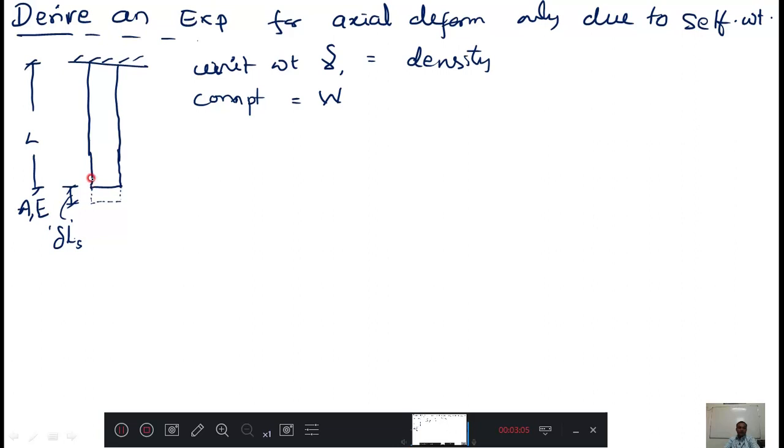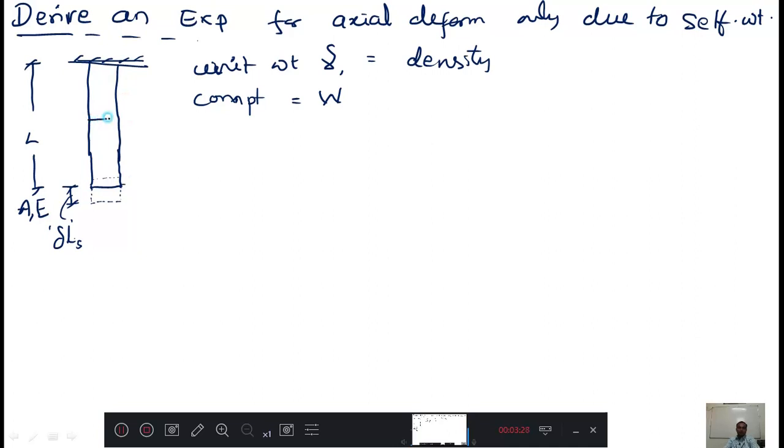But when I consider this plane, at this point self weight is only this much. When I consider this support, the entire self weight is acting. Therefore, the self weight is varying from here to here, and that is what makes this extension vary from here to here.